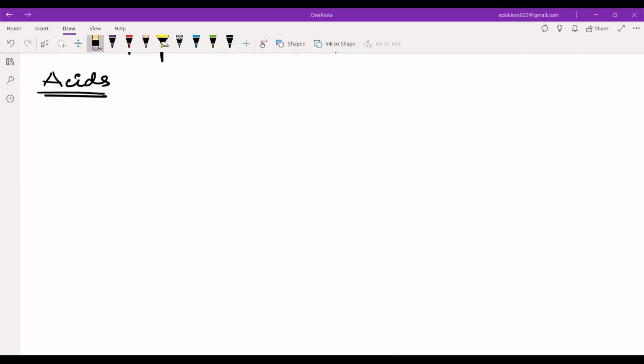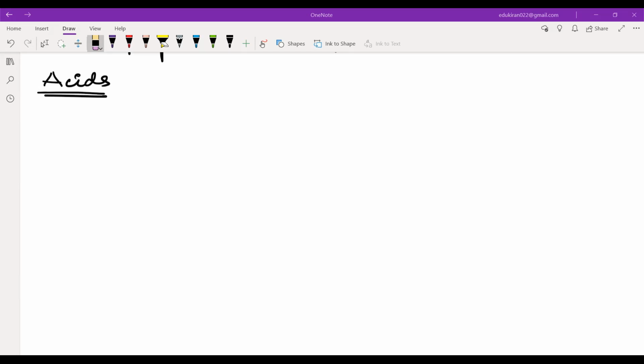Yes or no? Have you heard of these terms? Do you know what is Bronsted Lowry acid base, or Arrhenius acid base? Tell me. Proton acceptors are bases.